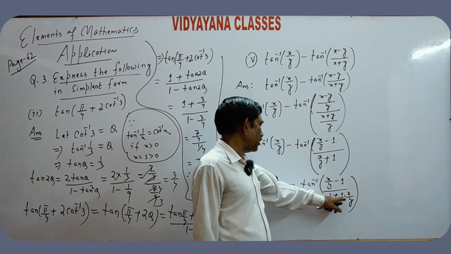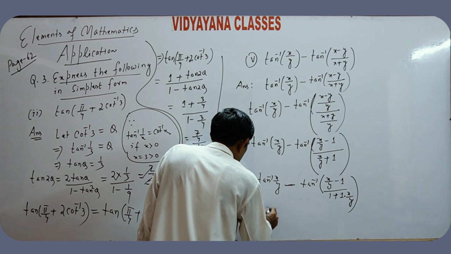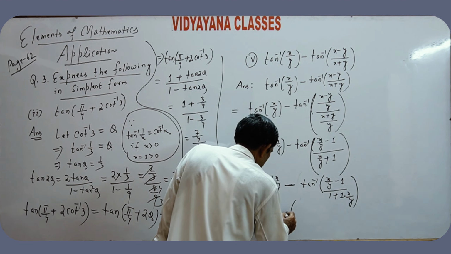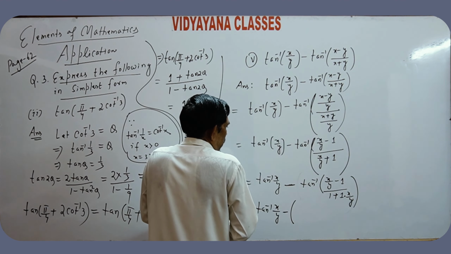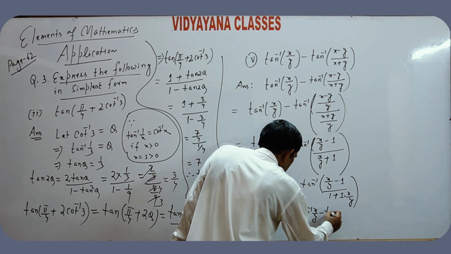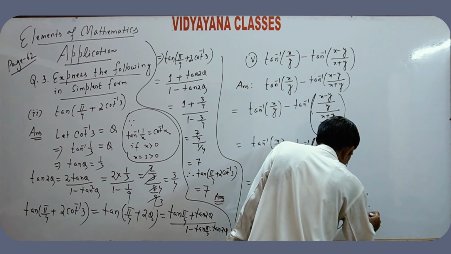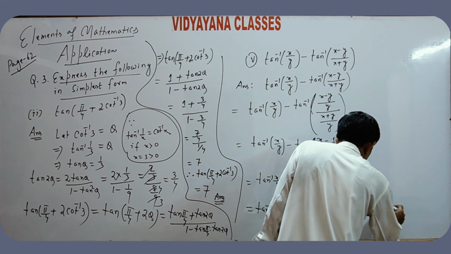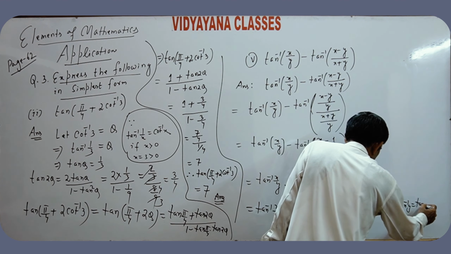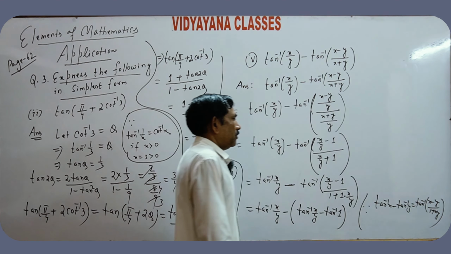X by y can be written as 1 into x by y, which is same as tan inverse x by y minus tan inverse x by y minus tan inverse 1, since tan inverse x minus tan inverse y is equal to tan inverse x minus y divided by 1 plus xy. Clear?